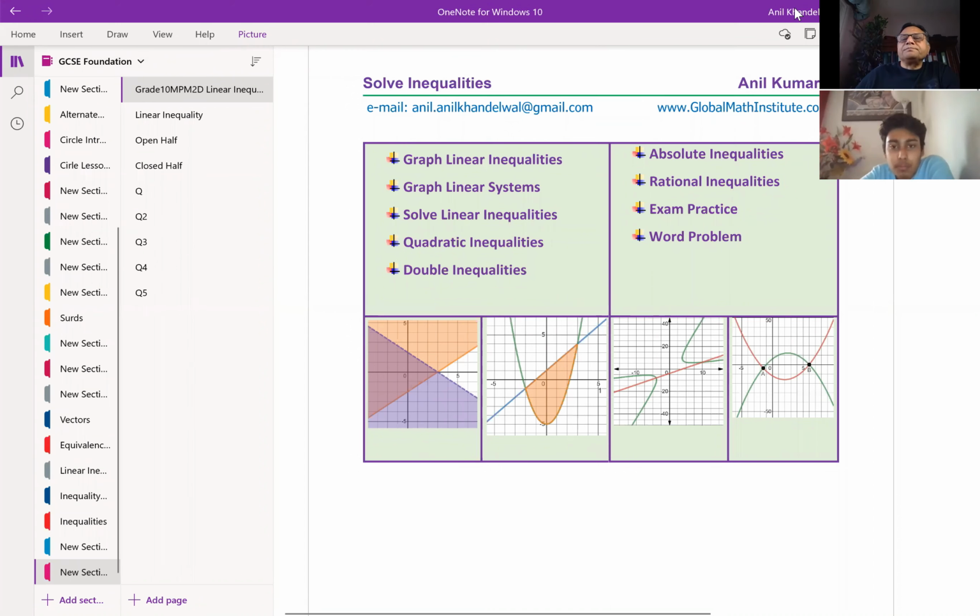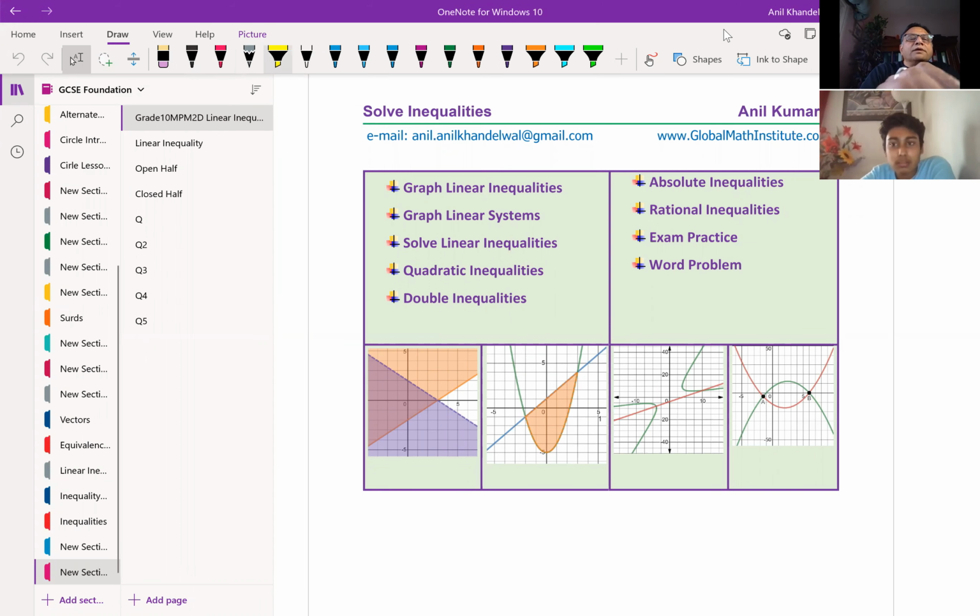So, let me put it like this. Okay, so can you read the title, please? Solve inequalities. So graph linear inequalities, graph linear system, solve linear inequalities, quadratic inequalities, double inequalities, absolute inequalities, rational inequalities, exam practice, and word problem.